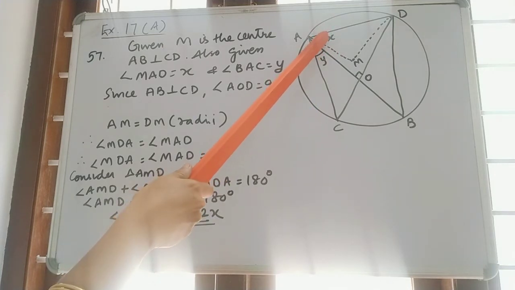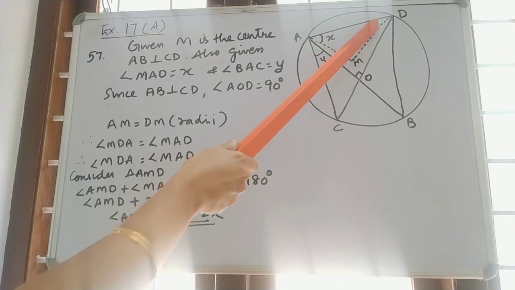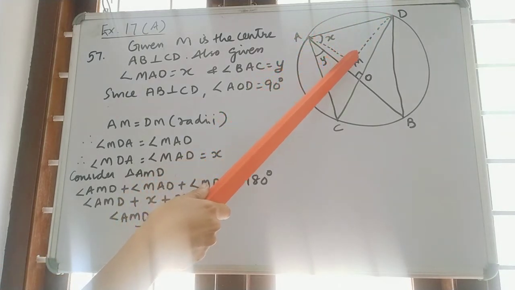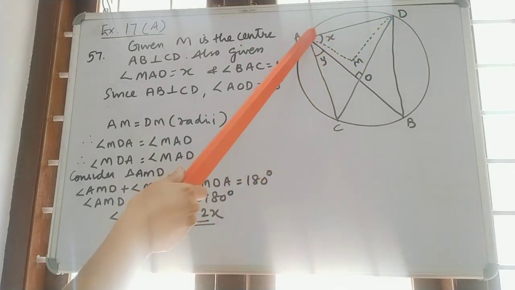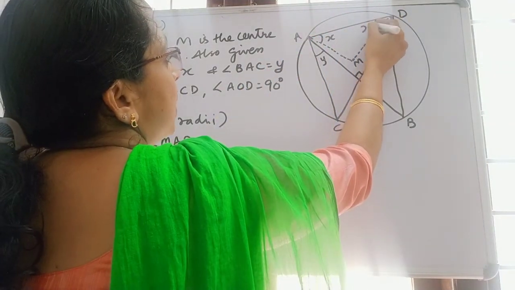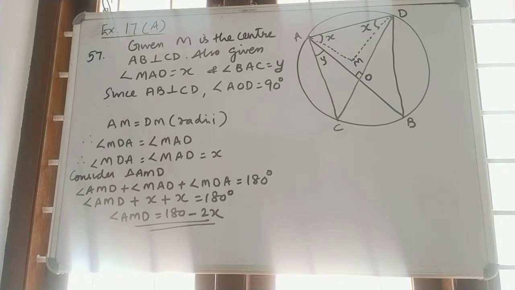So this angle will be X, that is MAD is equal to X. Then MDA also will be X, since these two are radii. Radii of a circle are equal in length.